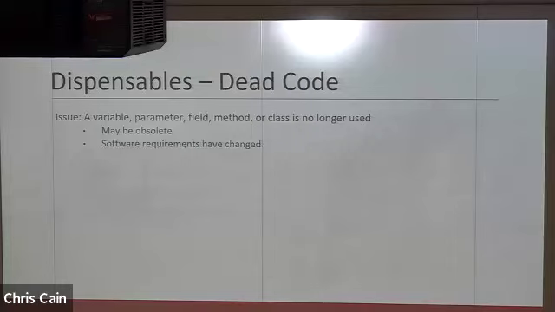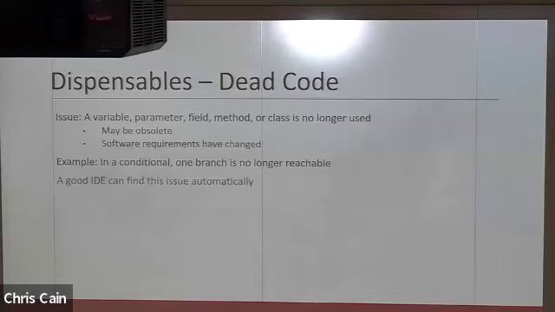used anymore. As an example, you have a conditional. Maybe you have an if, else if, else if, else. And one of those else ifs just can't be reached anymore. There's no way to trigger that else if clause. If you use an IDE that looks for this, then you may find some kind of underline or something that says this code is unreachable.